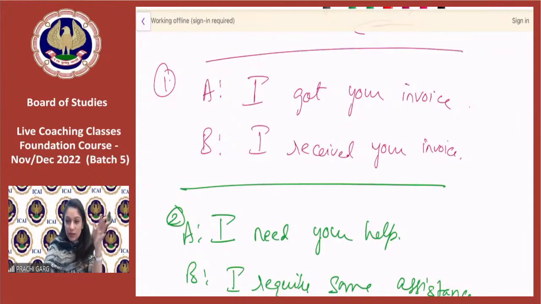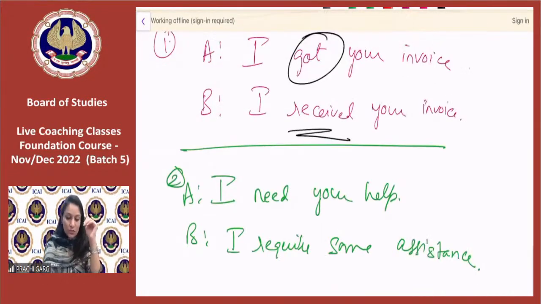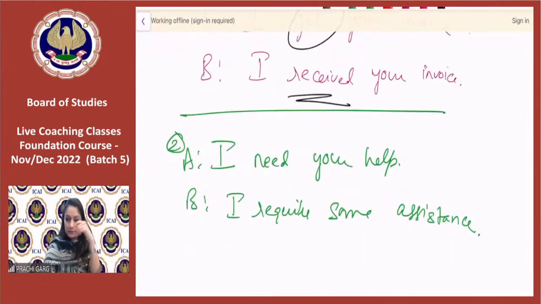Great. So A is general and B is business English. Now, I got your invoice is very general, very casual. But you don't use the word got in business English, you use the word received, a proper word for it, right? Similarly, in the next one, which is general, which is business?